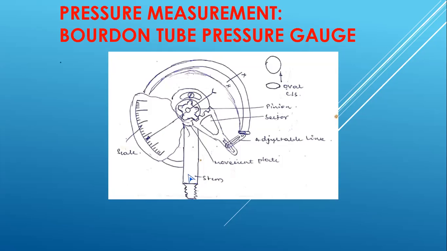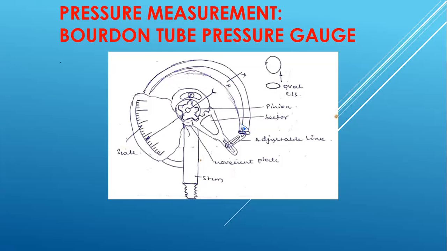When the pressure increases in the stem, the pressure increases in the rubber tube. Due to that, there will be a change in the shape of the rubber tube. The shape of the rubber tube changes from oval to circular. All of you observe here, the shape changes from oval to circular.